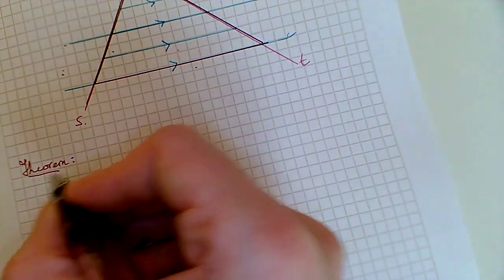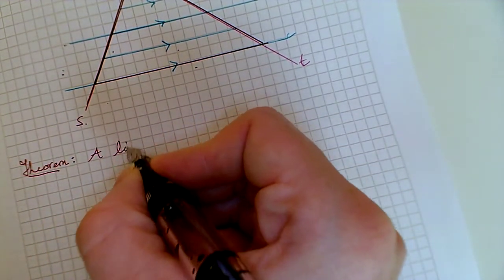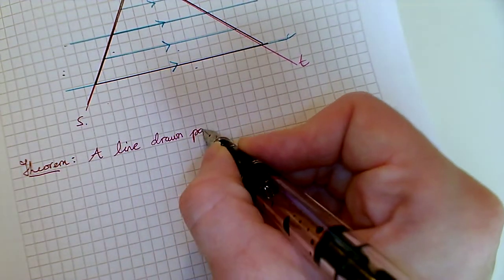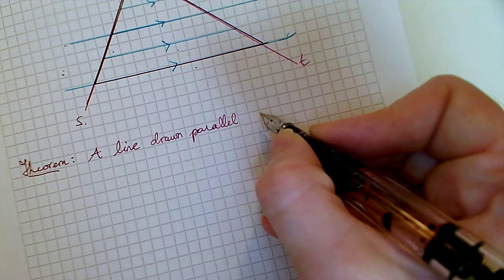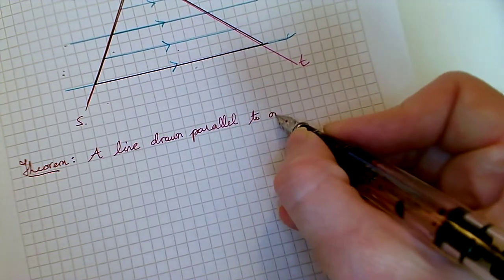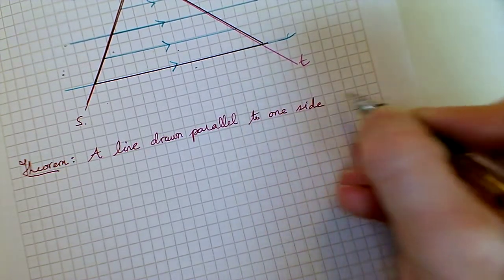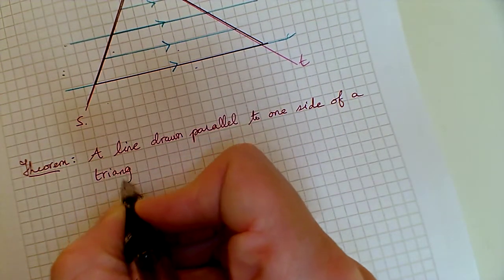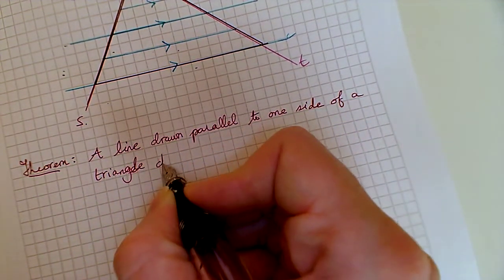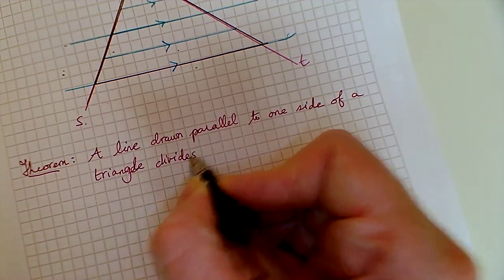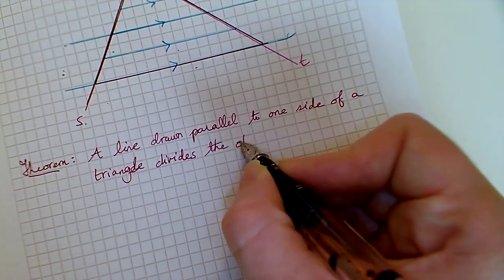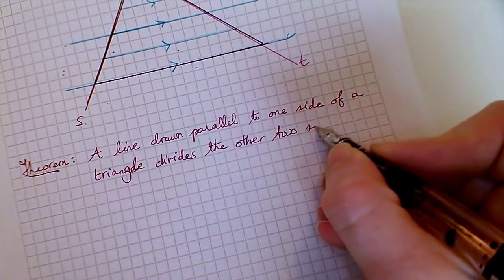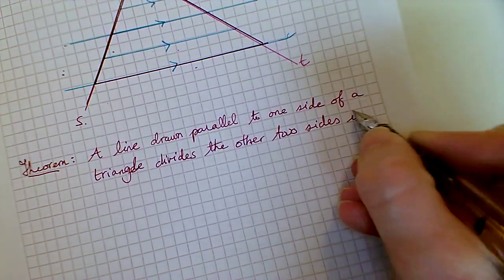And it says, a line drawn parallel to one side of a triangle divides the other two sides in the same ratio.